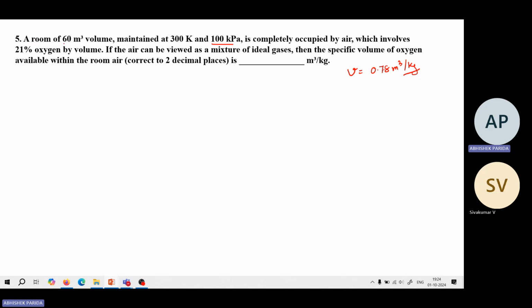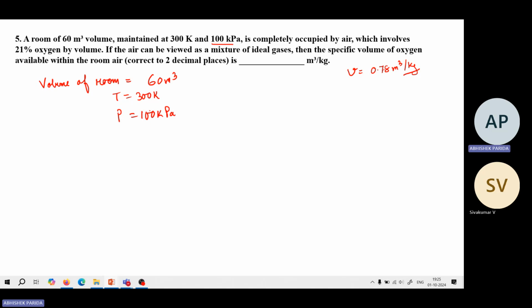A room of 60 meter cube volume. So first of all, the volume of the room we need to find out. It is 60 meter cube. Maintained at what temperature? T is equal to 300 Kelvin, and pressure is 100 kilopascal. Is completely occupied by air.